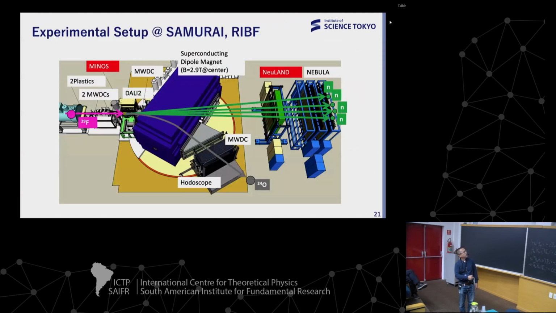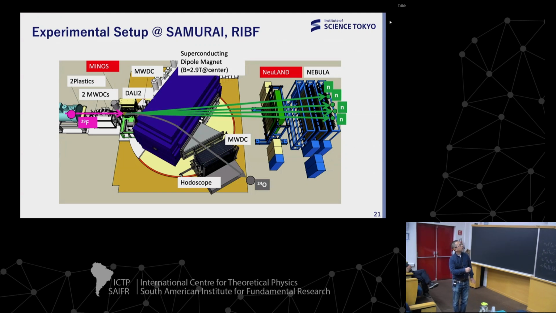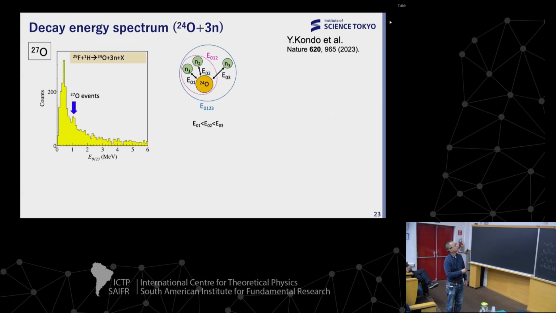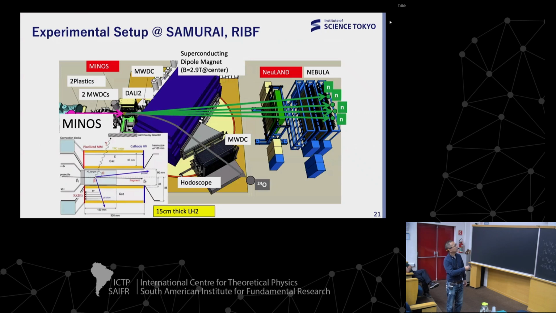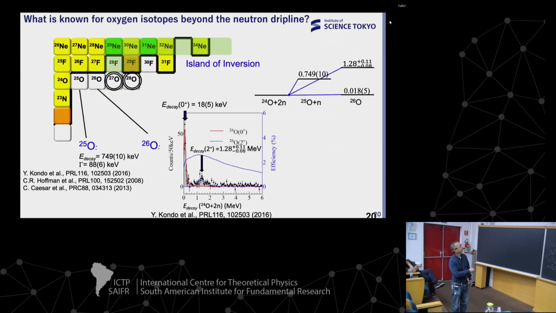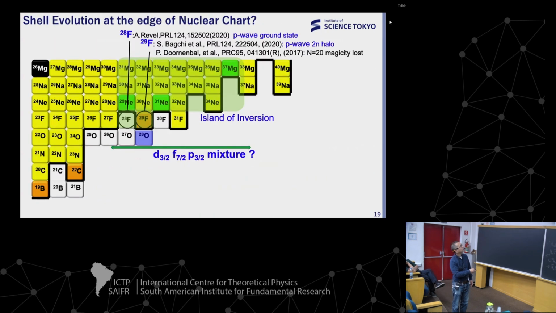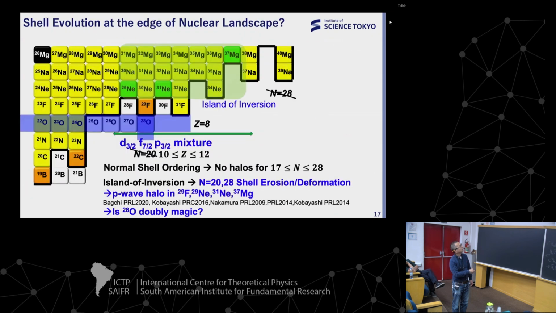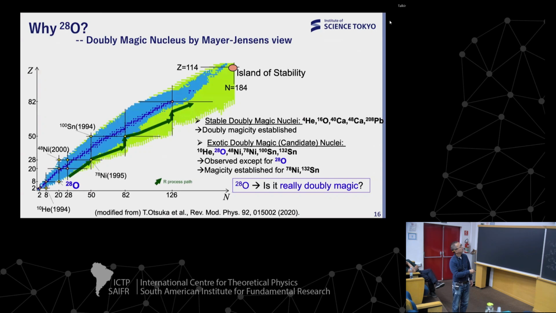Fine. So the experiment. Coming back to the oxygen-27, 28 measurement, we use a fluorine-29 beam. Sorry, I think I skipped one slide, or maybe I didn't include it.